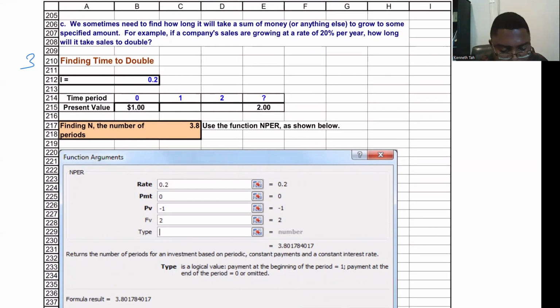We just need to make n the subject. Again, there are 3 methods within our control: we can either use the formula, or we use the Excel spreadsheet, or we use the financial calculator.